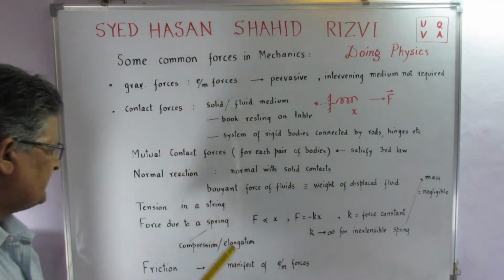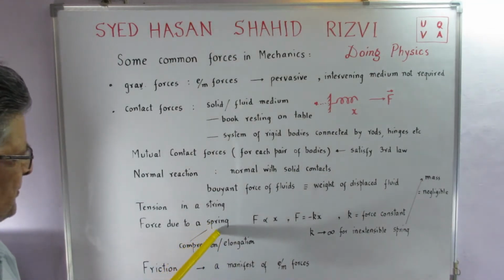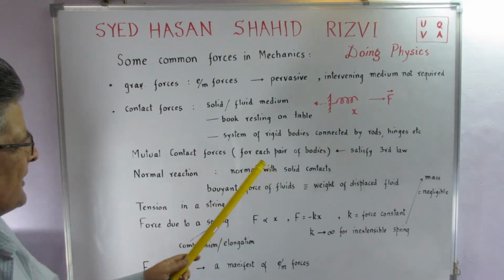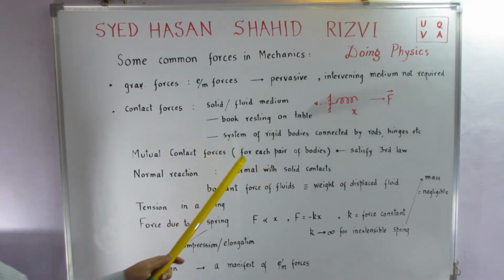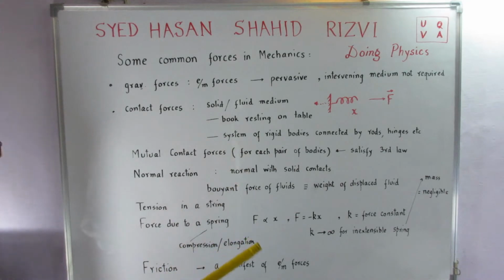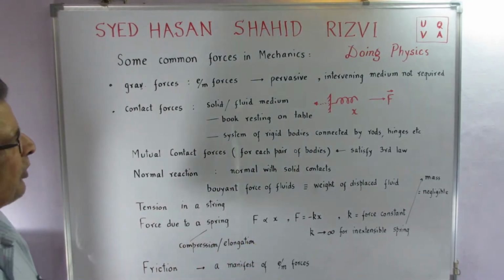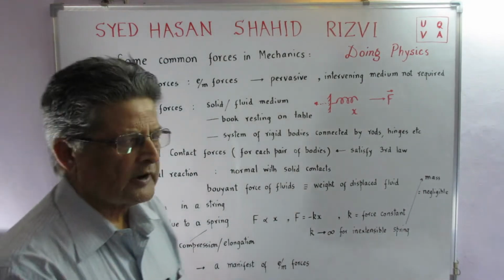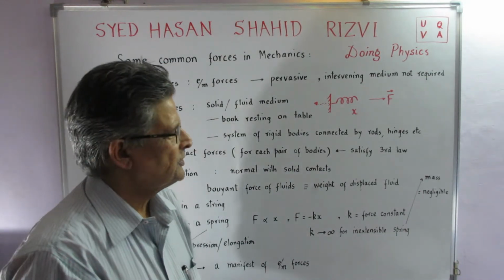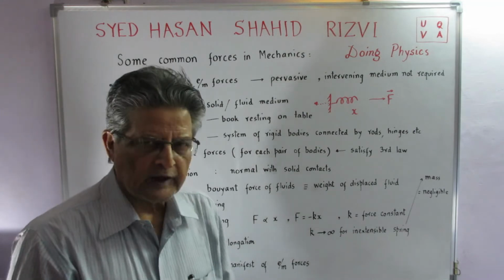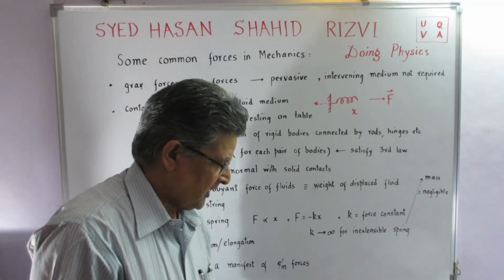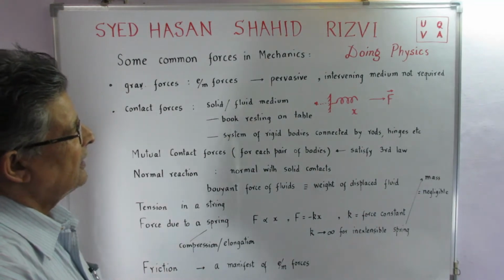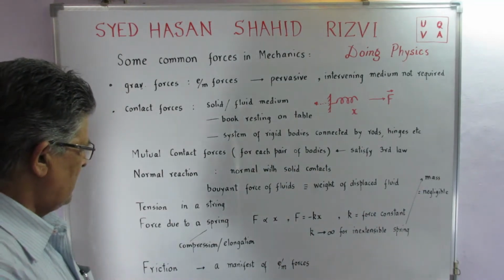So in all these cases, the spring, the string, the buoyant forces, the normal contacts, mutual normal contacts, etc., we require to investigate and try to understand how these forces function and what is the relation if there is an extension or if there is no extension.